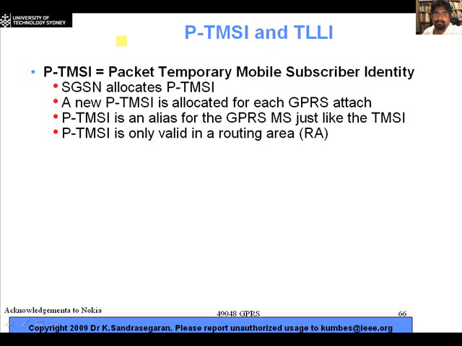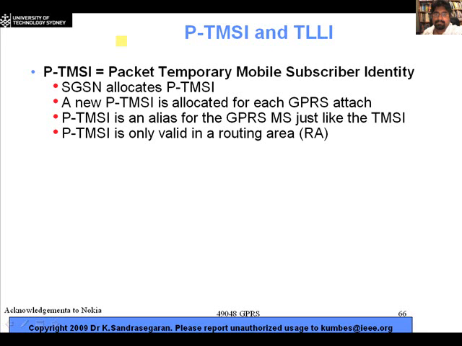So the network transmits the IMSI only the first time you switch on your mobile. Thereafter, you get something called a TMSI, which is allocated by the MSC in GSM.